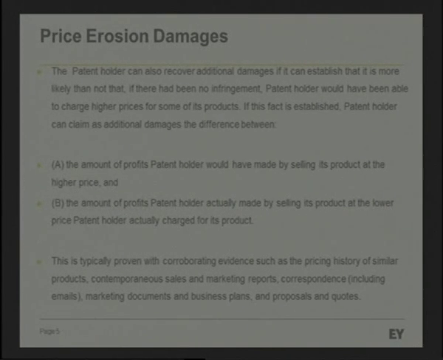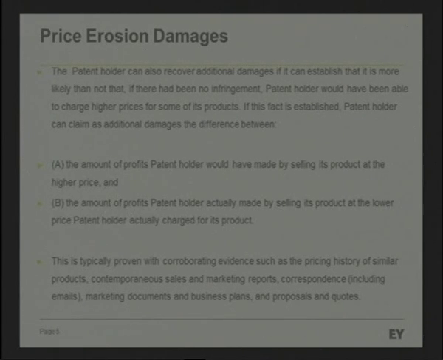Because the respondent is using that infringed technology or brand to sell products at a cheaper rate, the price at which the claimant eventually ends up selling its own products gets reduced. Because there is competition in the market, there is a cheaper substitute available, he has to reduce that price.